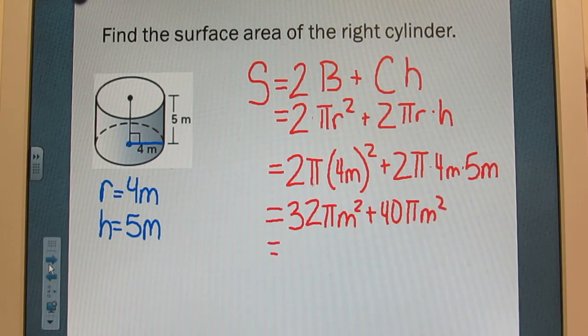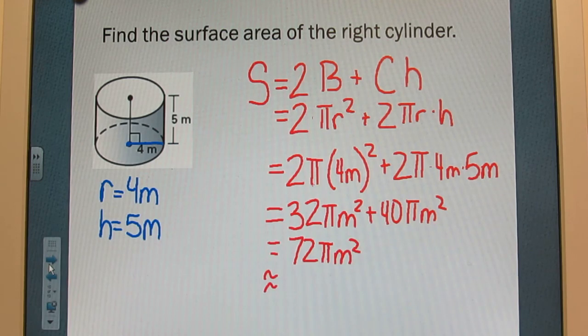And once I have my absolute value in terms of pi, I'm going to put it into my calculator to get my approximate value. And it's 226.2 meters squared. So again, looking for a surface area, so my units are going to be square units.